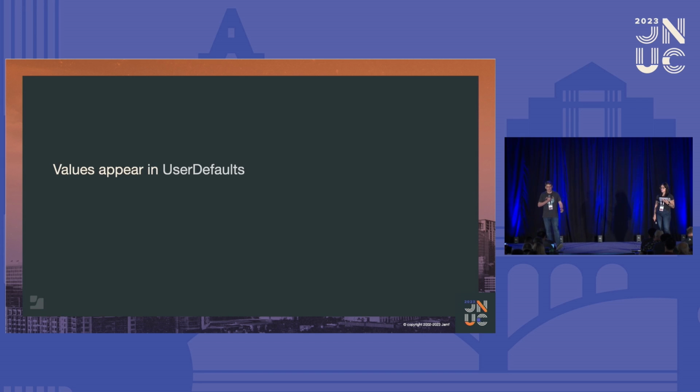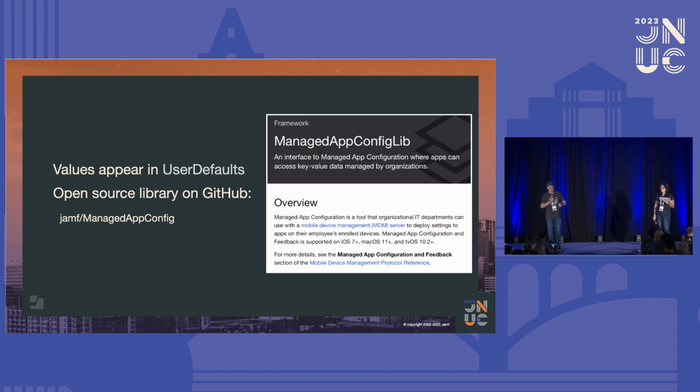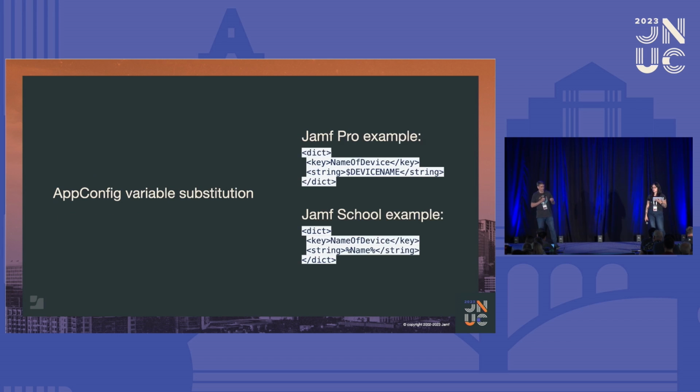And in order to make that even easier for app developers, Jamf has an open source library on GitHub called managed app config lib. That will make it much easier to just adopt this, and it works great with SwiftUI apps. It automatically will refresh and listen for new app config information coming in. It also works with UIKit and AppKit, and it has good documentation too.